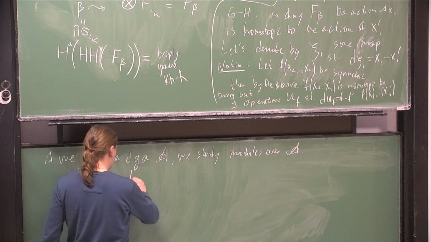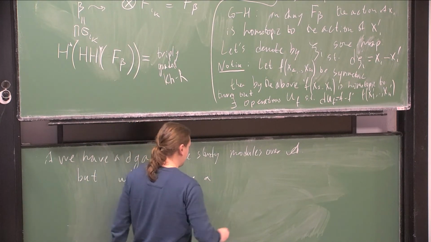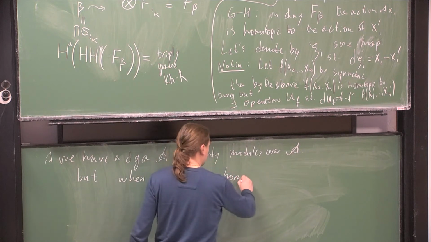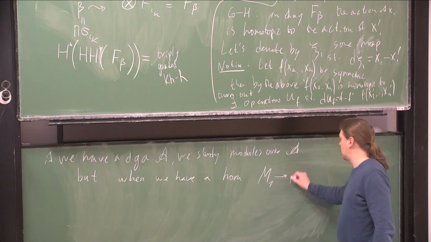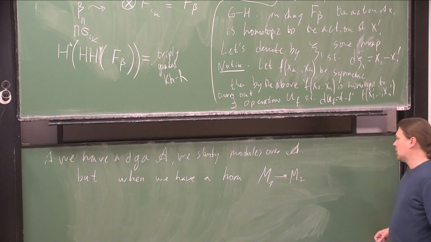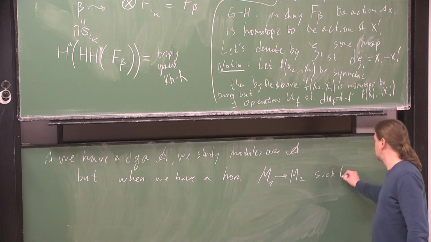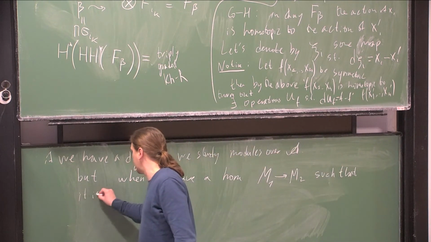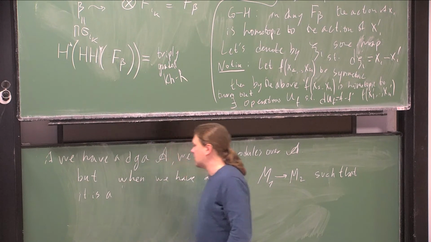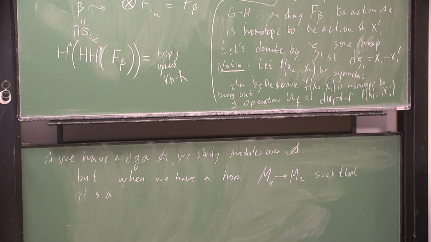Whenever we have a homomorphism from some module M1 to M2, normally in the usual theory of infinity modules you would consider quasi-isomorphisms.